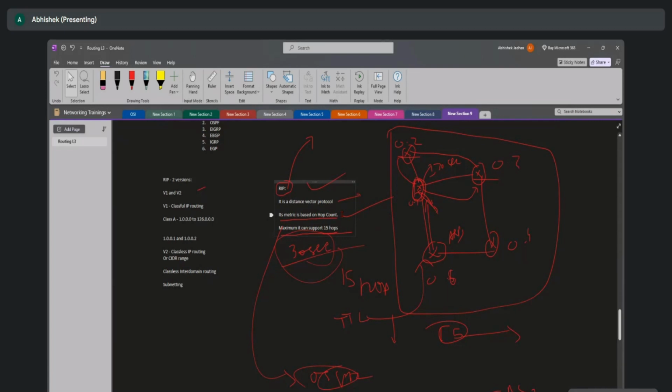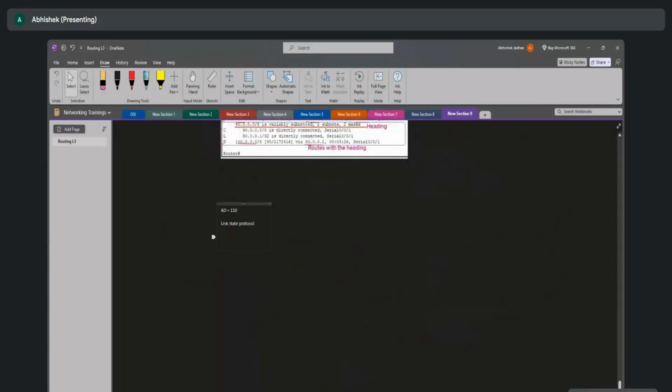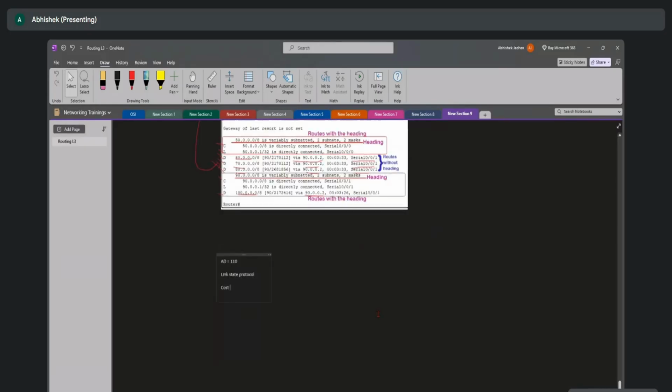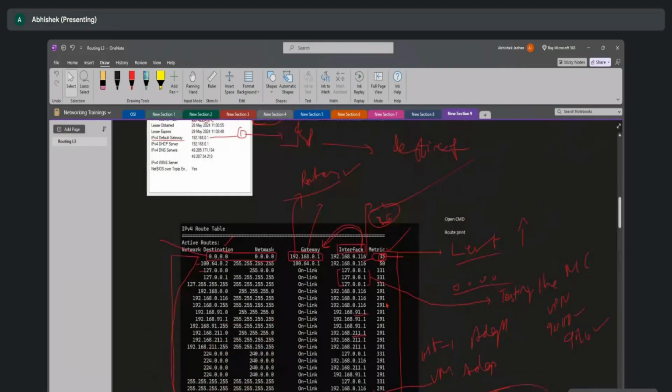So for RIP it is hop count, so only 15 hops is what it supports. But in OSPF, the metric is cost. What does cost mean? Cost is nothing but the value given to the route. The lower the cost, the more preferable the route.